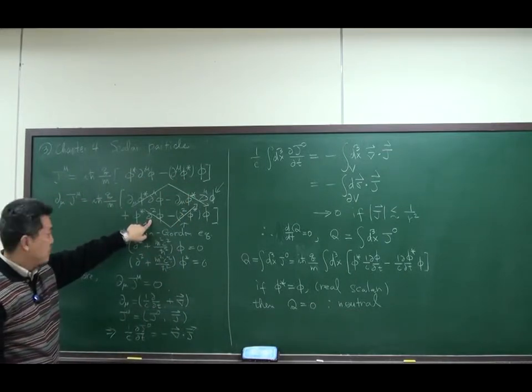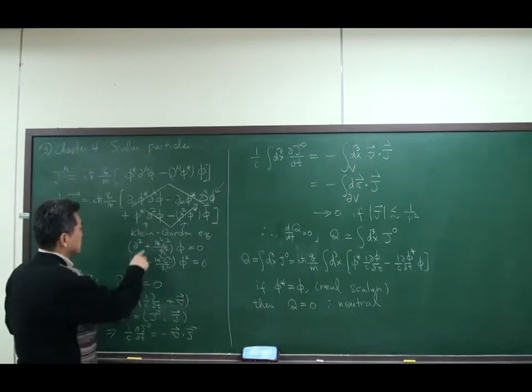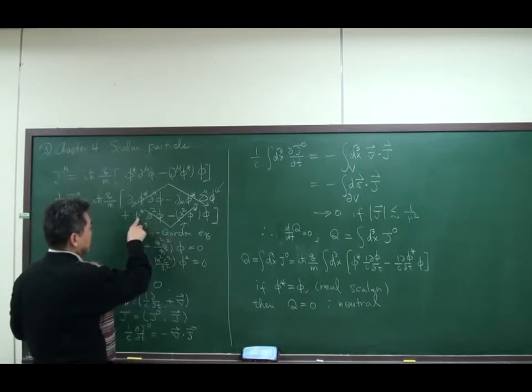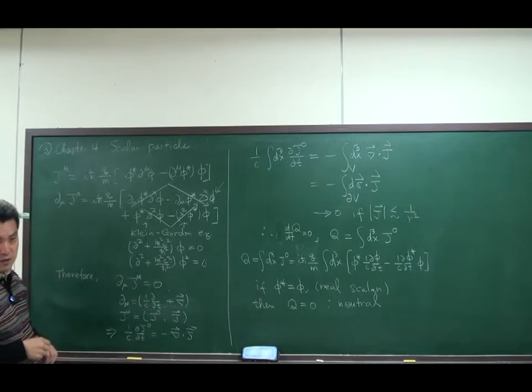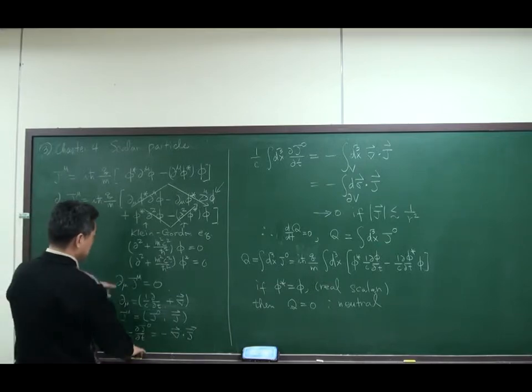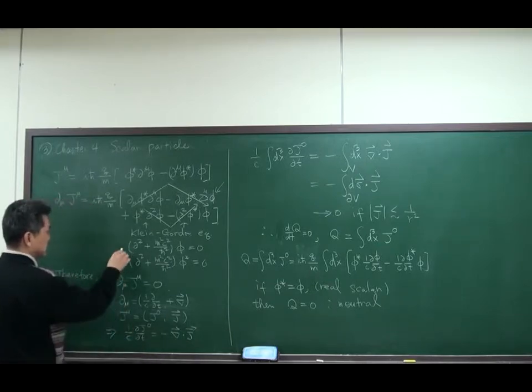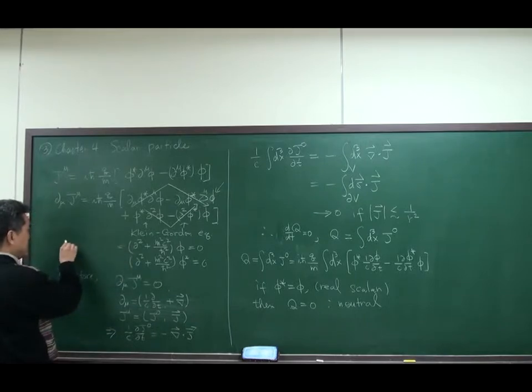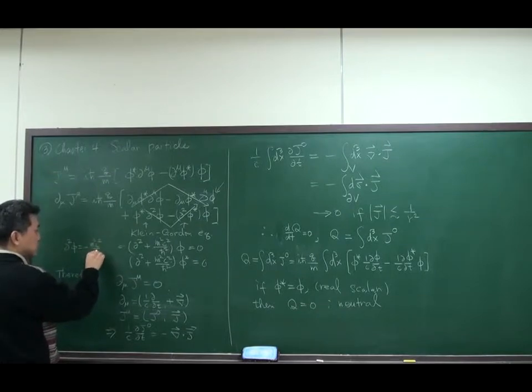But remember that φ and φ*, they satisfy the same Klein-Gordon equation. These are the results. So from this, I have ∂² φ = −(m²c²/ħ²) φ. Okay?